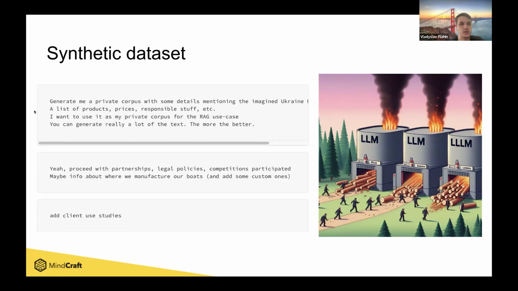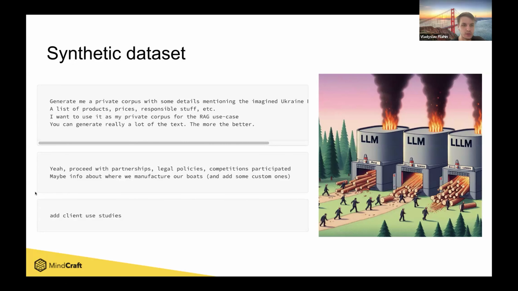We have used the GPT-4o model and 3 simple prompts that you can see on the left, where we asked the model to generate some details about an imagined company, Ukrainian Boats Incorporated, and to specify a list of products, prices, and so on. So basically, it looks like corporate documents regarding the company, but imagined for sure.